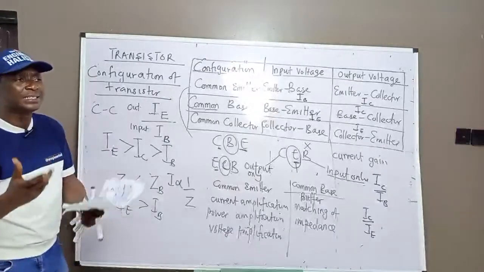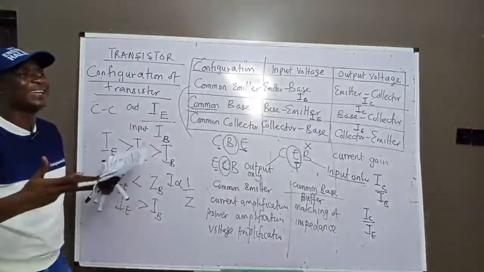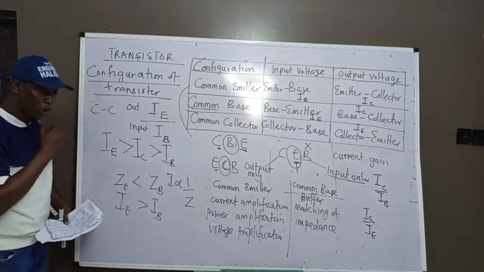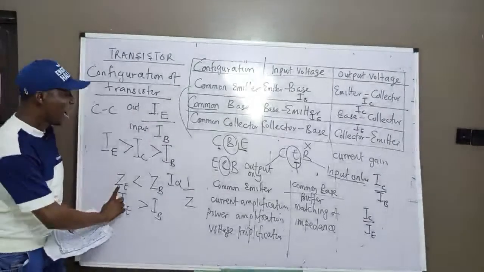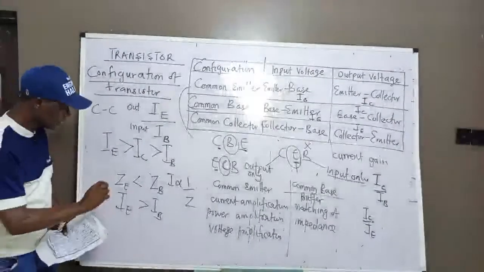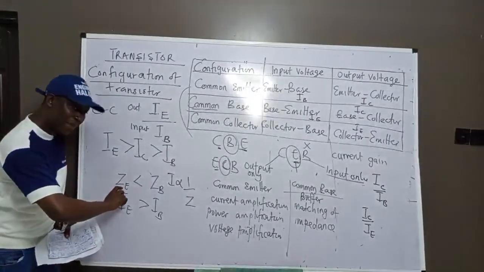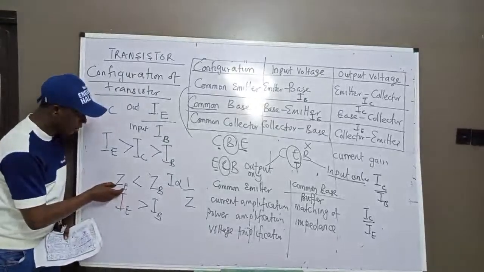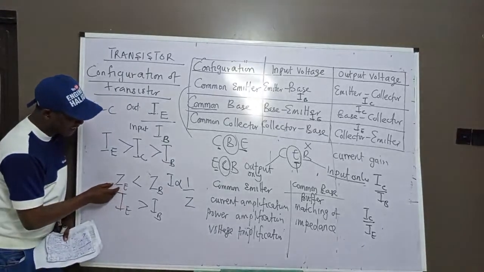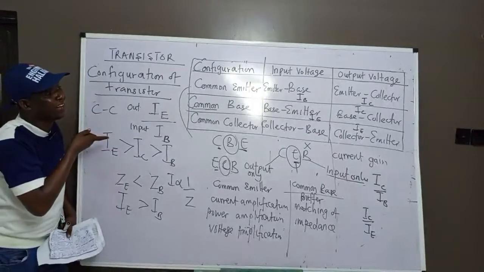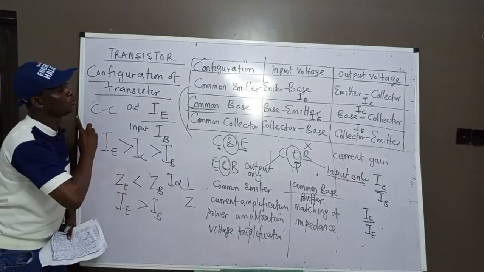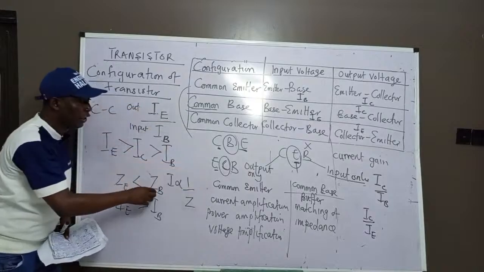Now, an electronics or electrical engineer will take a buffer and match this up, raising the output impedance to produce a lower impedance.